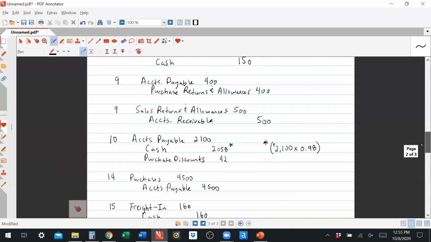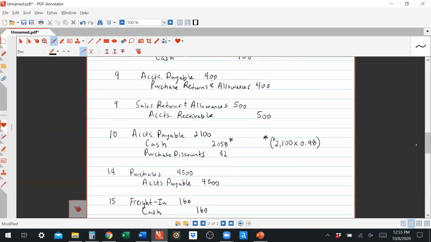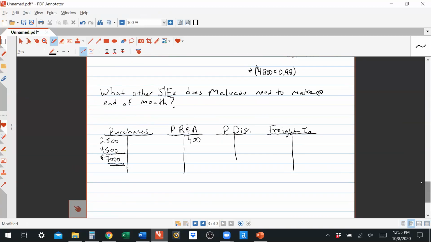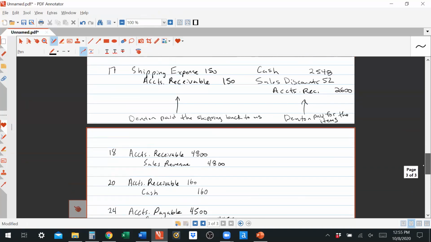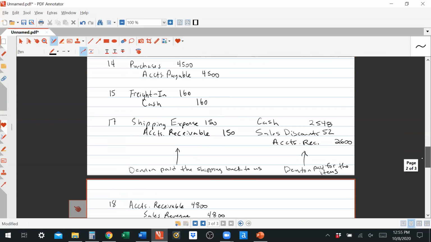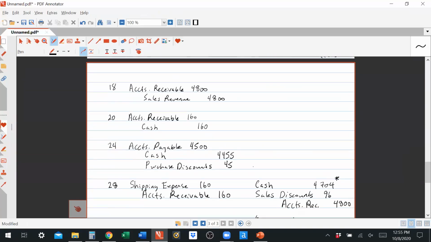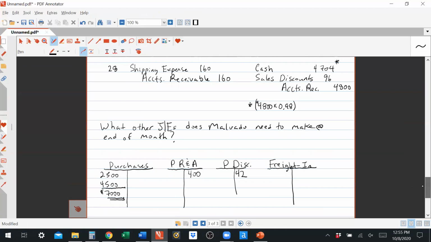We paid Norris back on August 10th. We realized a $42 purchase discount. And we paid Chambers back on August 24th, and we realized a $45 purchase discount. So purchase discounts is sitting there with a balance of $87 at the end of August.